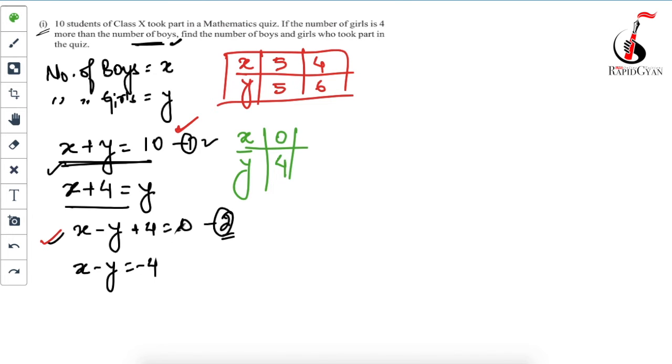I don't want to go into the negative, that's why I'm trying to find positive values. Let's put y equal to plus 5. So this is x minus 5 equal to minus 4, and I will get x equal to 1. So this is 1, 5. These are the two coordinates we got for both the equations.